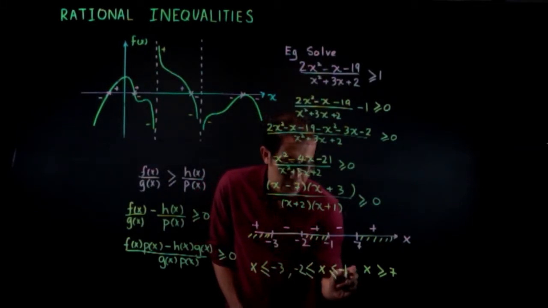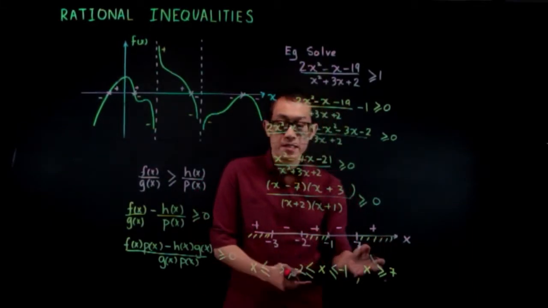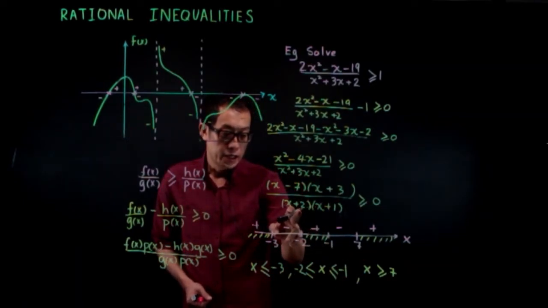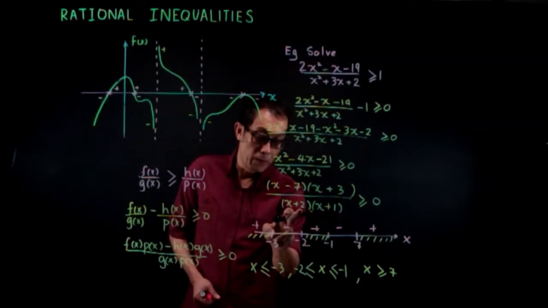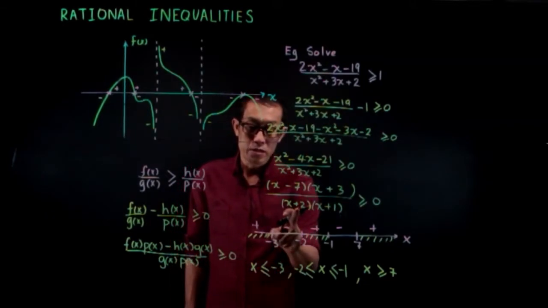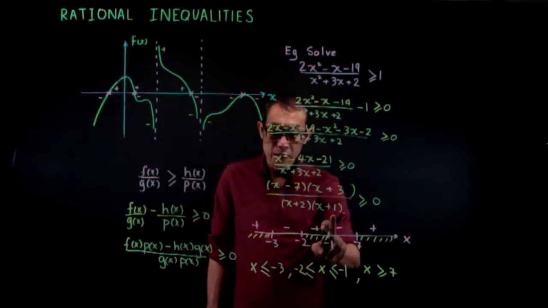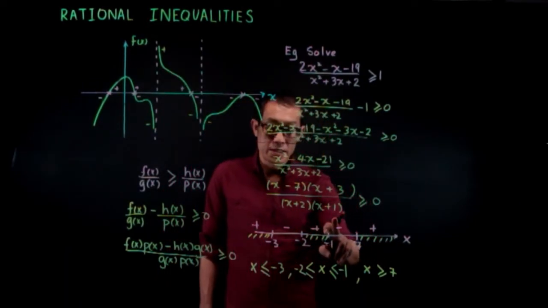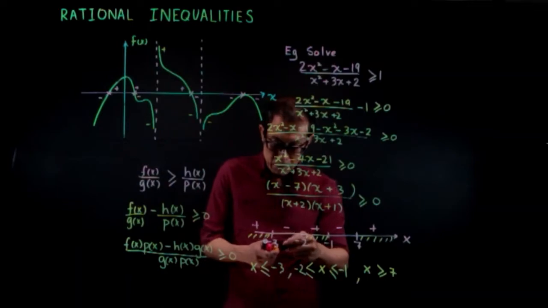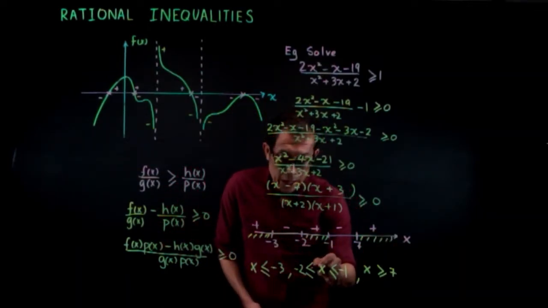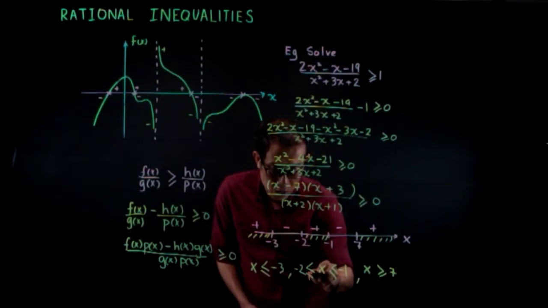Now, you may think that this is the answer. This is not the answer yet. If you look at it properly, can x take the value of 2 or minus 2? No, because this is an asymptote. Can x take the value of minus 1? No, because this is an asymptote. So what must you do over here? You must take away the equal sign.